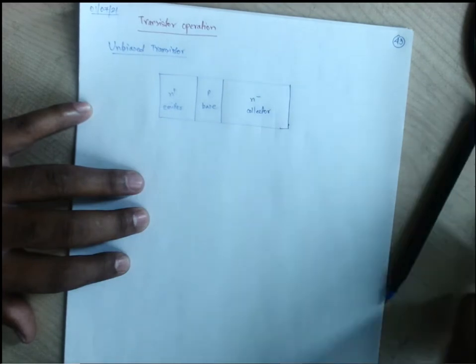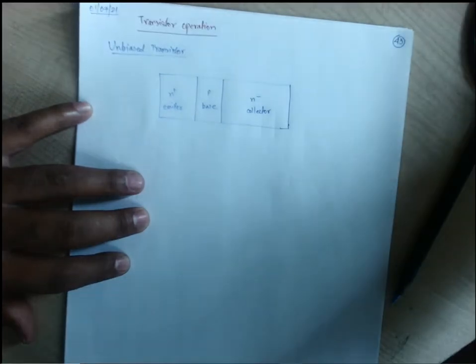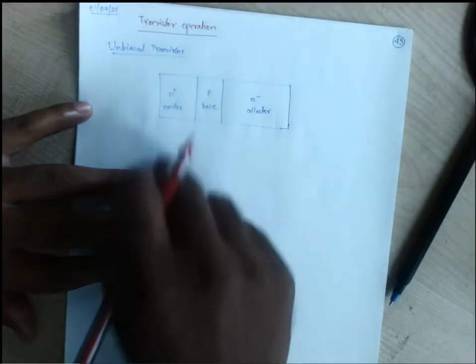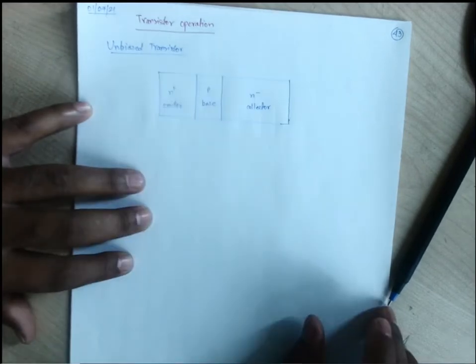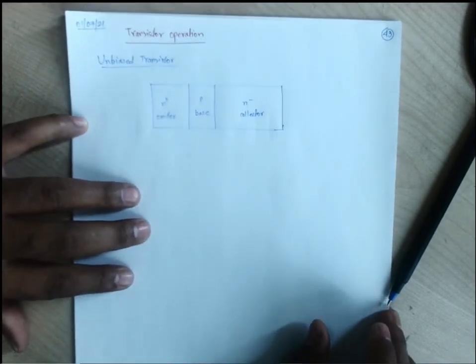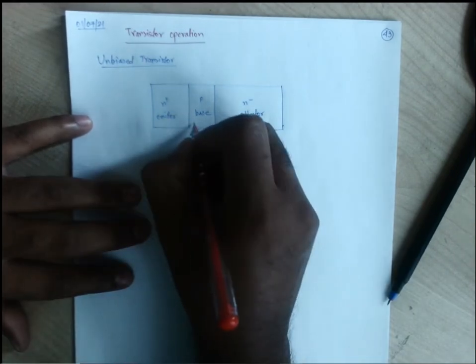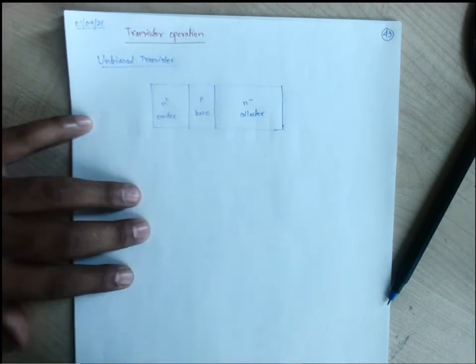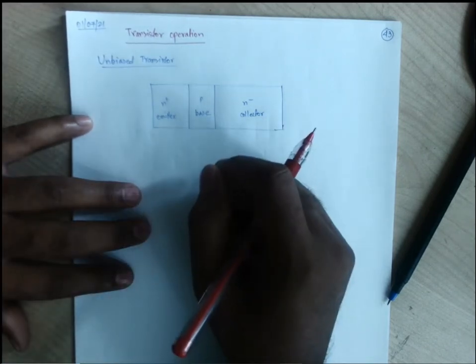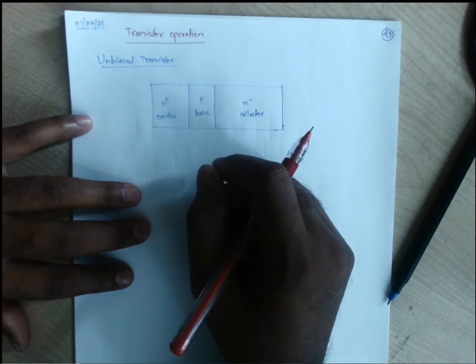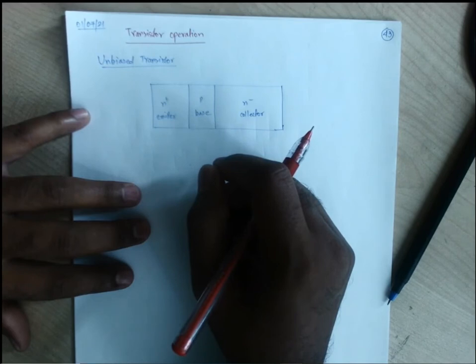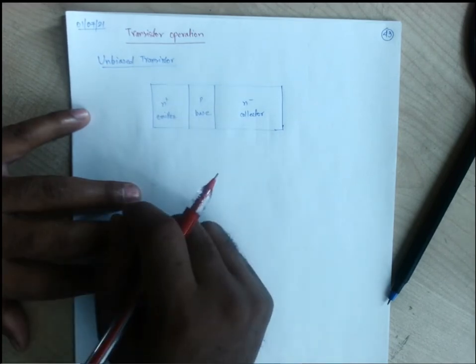If we look into this kind of unbiased NPN transistor, with the joining of these different materials, N plus to P, we have junctions. This is the NP junction, that is the emitter to base junction, and this is the PN junction, which is base to collector or collector to base junction. Within these junctions, when we have just joined them, there will be a certain depletion region.